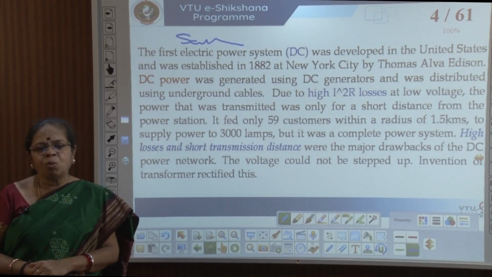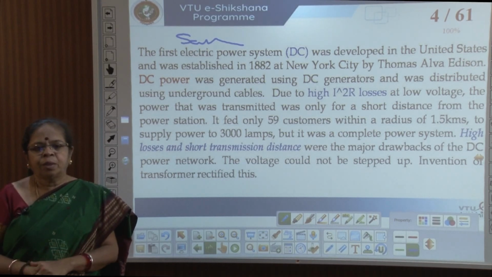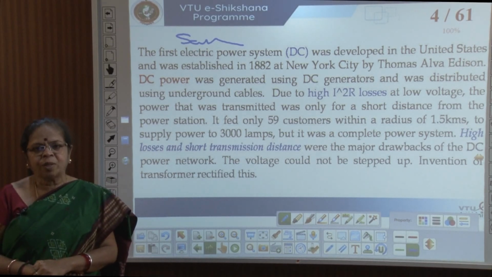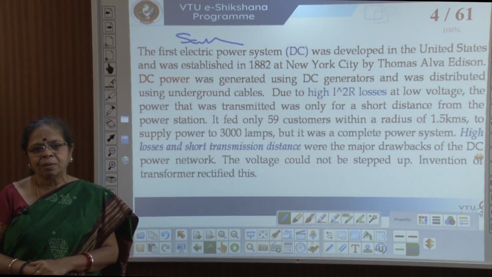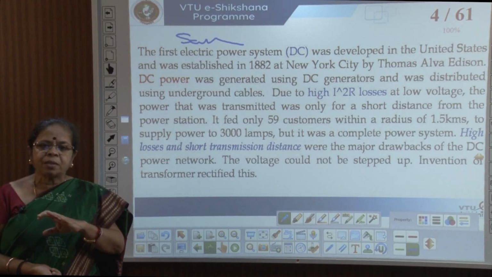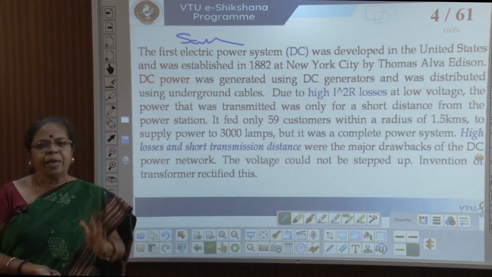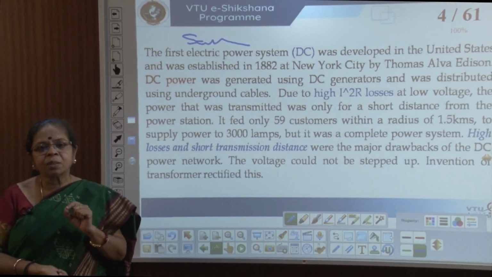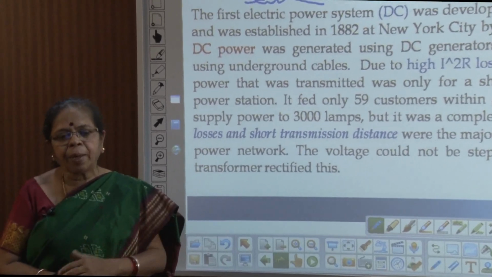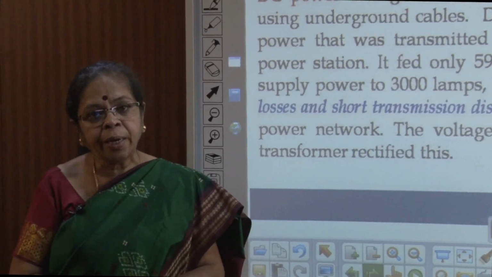The transformer was instrumental in rectifying the drawbacks we have observed of high losses and short transmission distances, and I would say again that it revolutionized the entire power industry. That was the starting point for scaling up electric power generation and transmission.